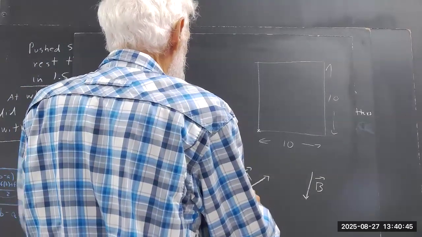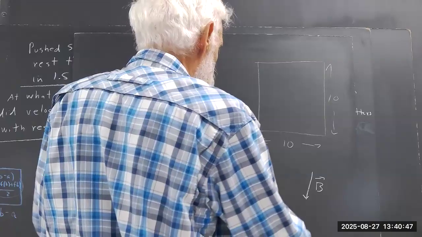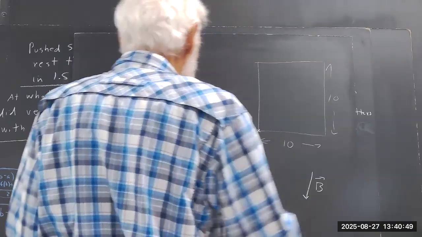So this point would be here, and it would go here. Can you draw me a sketch of A plus B?